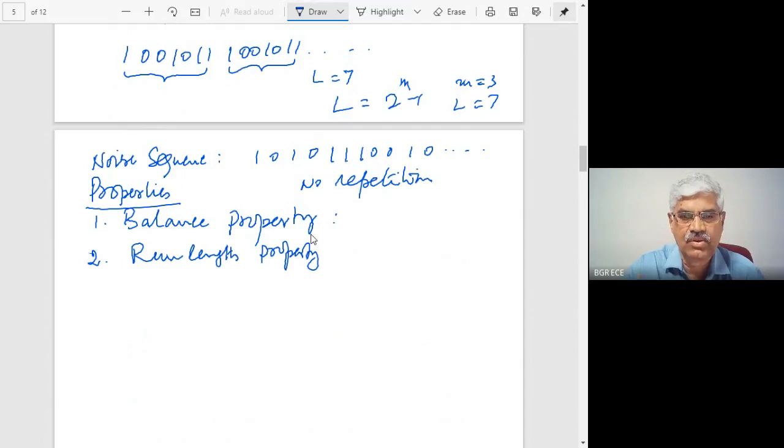So ones and zeros have to be randomly placed. How do you know whether they are randomly placed? How do you characterize that quantitatively? For that, there is another property called the run length property.